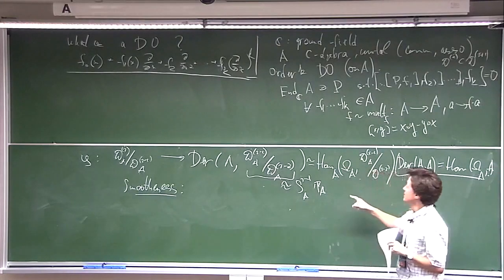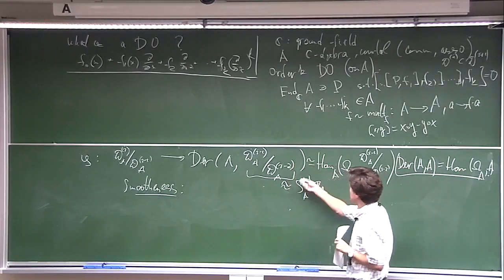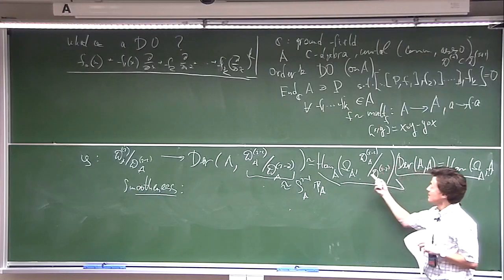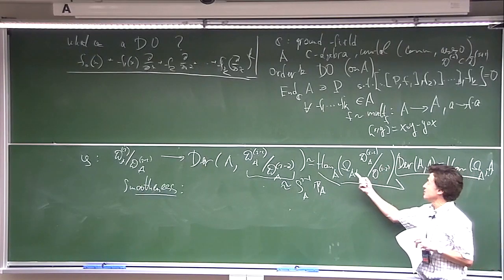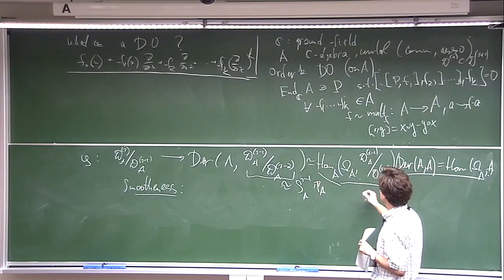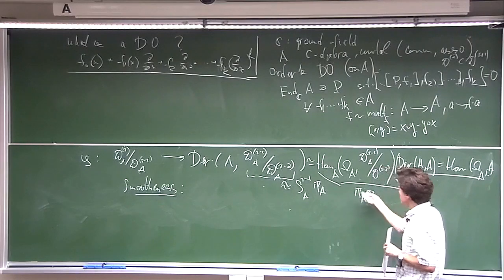That, of course, is a fake use of smoothness. It's just the inductive assumption. The whole point is this is free. So therefore, this is identified with TA, free of finite rank.